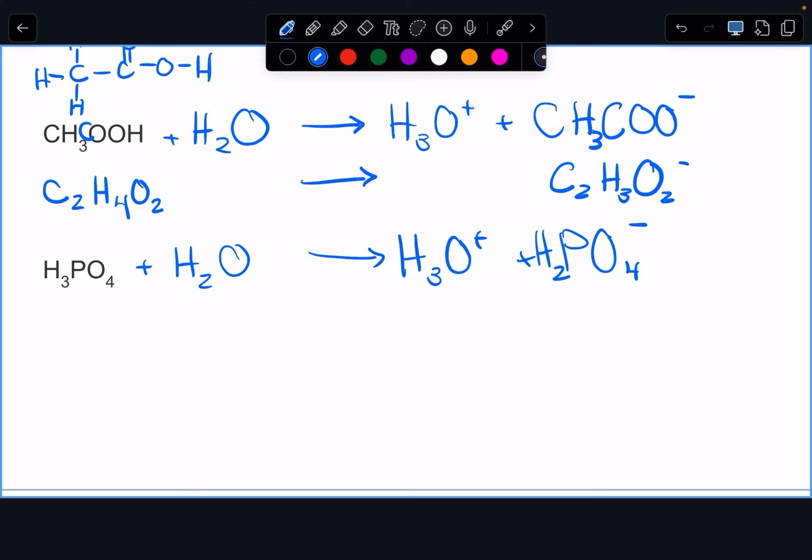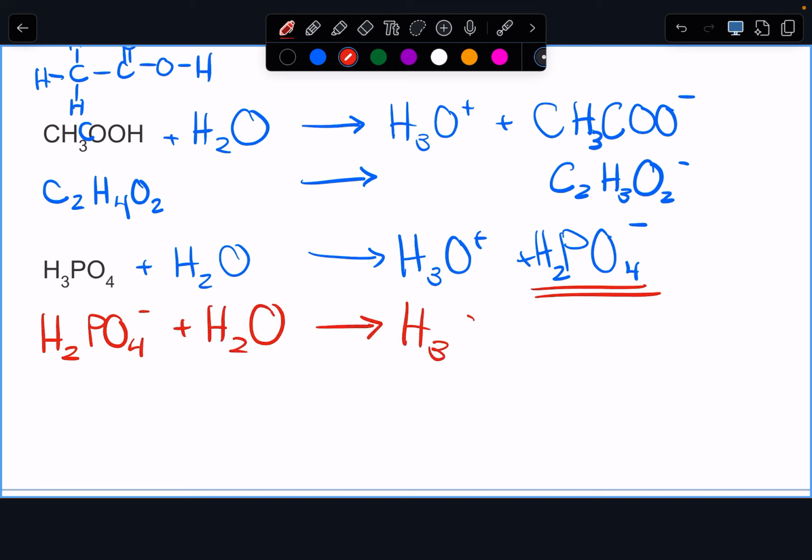However, the ones that had bigger negative charges, and so ended up with more hydrogens, are very often polyprotic, meaning that they can donate multiple protons. So this H3PO4 can actually go on and continue to donate hydrogens, and you can do it 3 times.